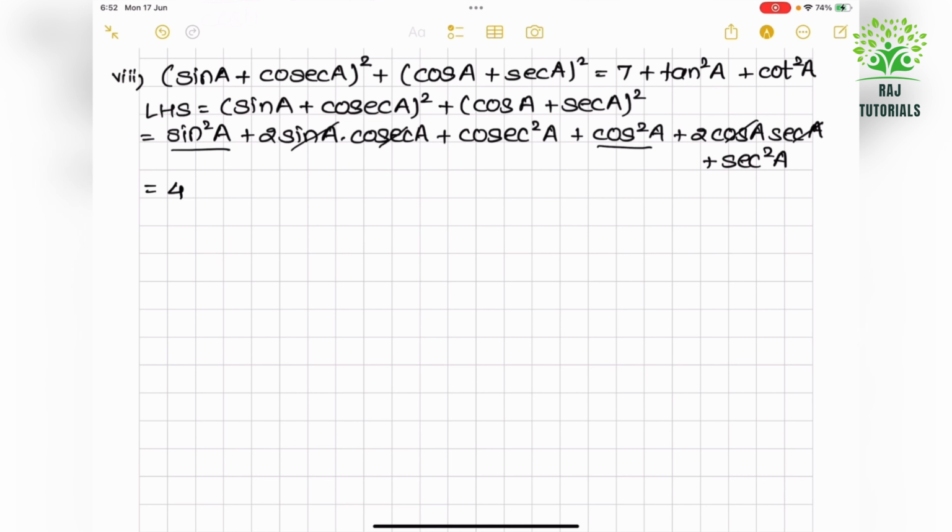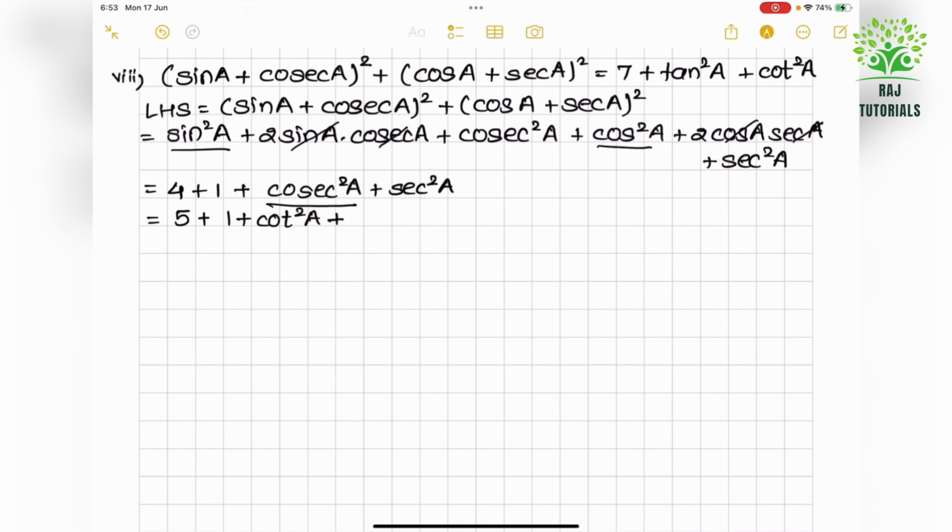Now we know that sin A and cosec A are reciprocals of each other, so this 2 will get cancelled. Same way cos and sec will get cancelled. So 2 plus 2 I got 4, plus sin square A plus cos square A, which is 1. Now I am left with cosec square A plus sec square A. Do like this: 4 plus 1 is 5.